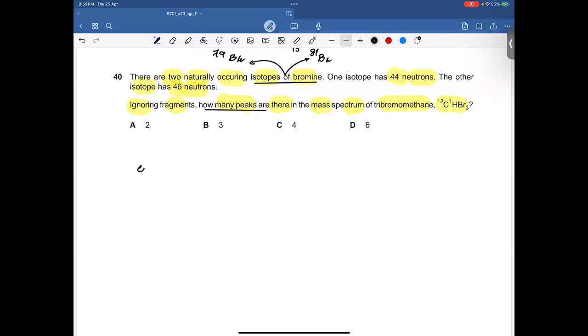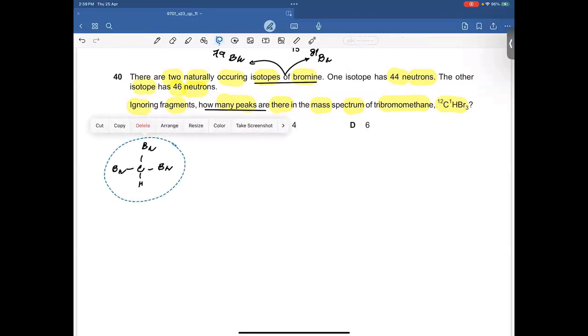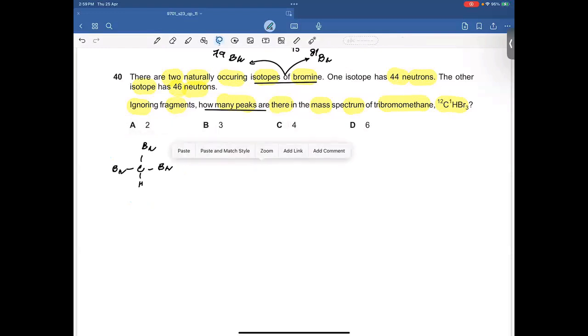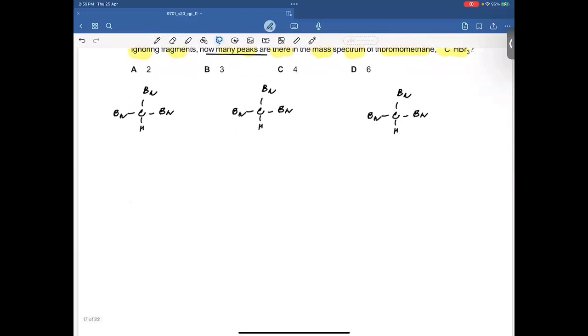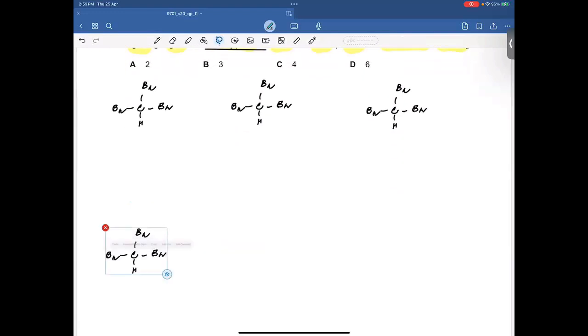So let me make the structure. This is bromine. This is bromine. This is H. This is another bromine. Okay. Let me work on it.